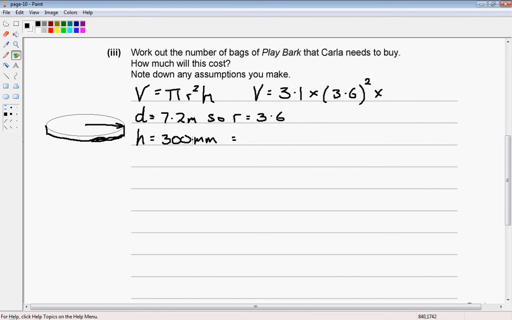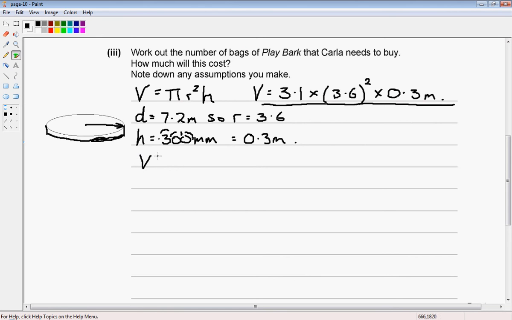So if I divide this by 1,000, the decimal point will move once, twice, 3 times. So we'll get to here. So this will give us 0.3 meters. Okay, now this you should be able to do, convert millimeters to centimeters, centimeters to meters. So we have 0.3 meters. So all of this will give us our volume.